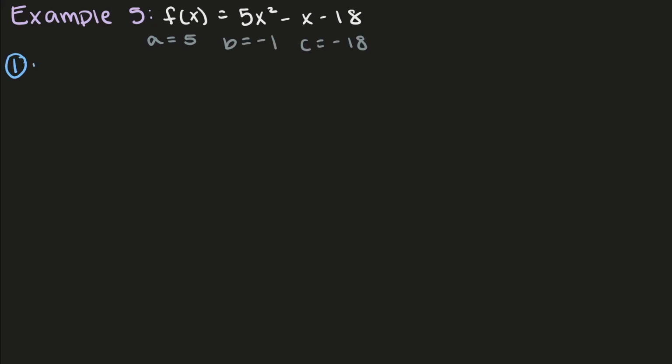Let's look at another example. We have f of x equals 5x squared minus x minus 18. So first, we'll find the absolute value of a times c. This is the absolute value of 5 times negative 18, which is equal to 90.